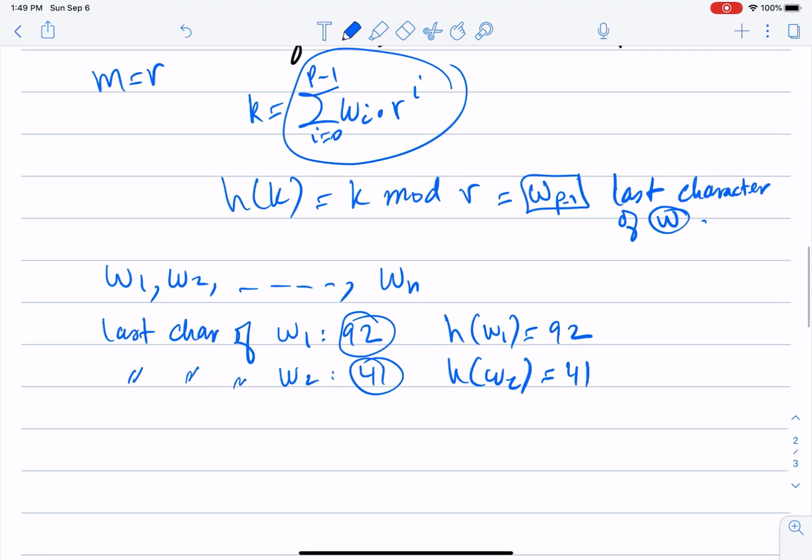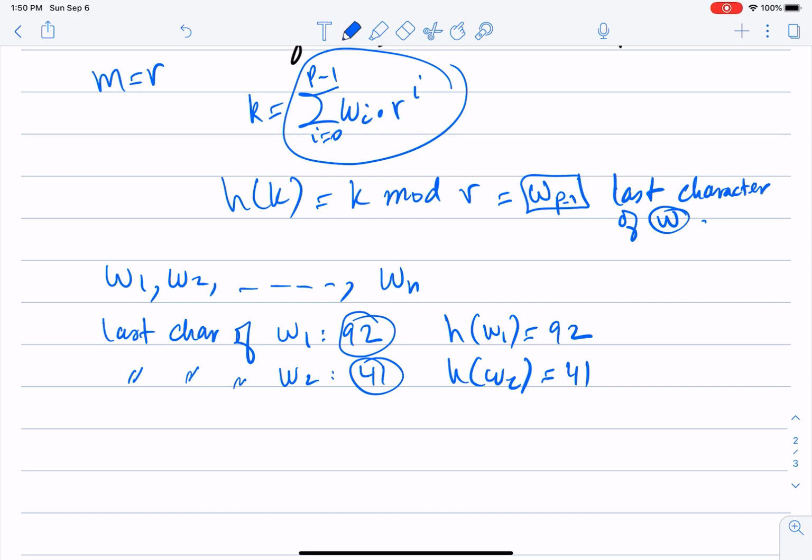Now, is this good or bad? It depends. We cannot say this is bad. If the strings are distributed uniformly by their last character, this is a great function. I repeat, if all 128 characters in the alphabet are distributed uniformly as last characters in all the keys that we are trying to hash, then this is a perfect function, because we end up with a uniform distribution.